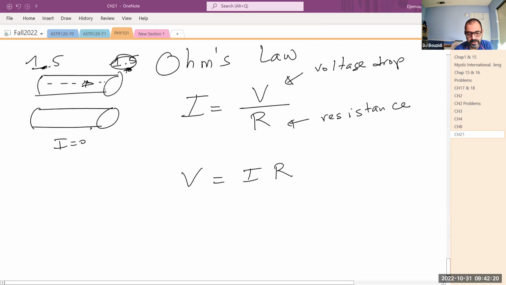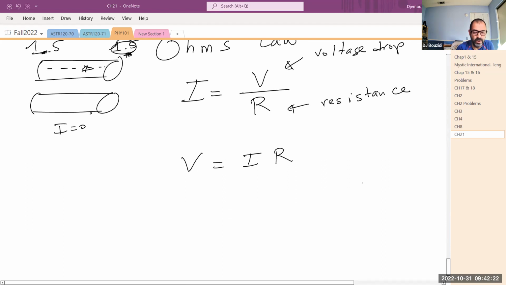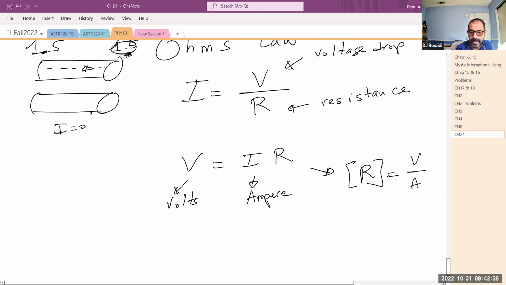Obviously, there is a word here about the units. The voltage is in volts. The current is in amperes. And the resistance then has the units of volts over amps. Again, in honor of Mr. Ohm, the unit for the resistance is called an ohm.